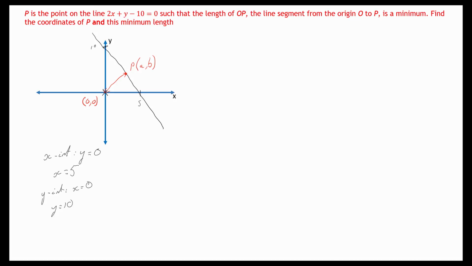So the distance formula, you would have seen it before, is equal to the square root of the difference between the x-coordinates squared plus the difference between the y-coordinates squared.